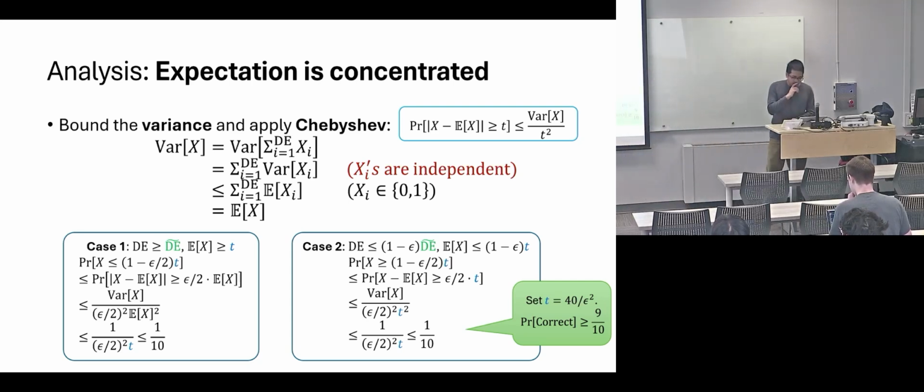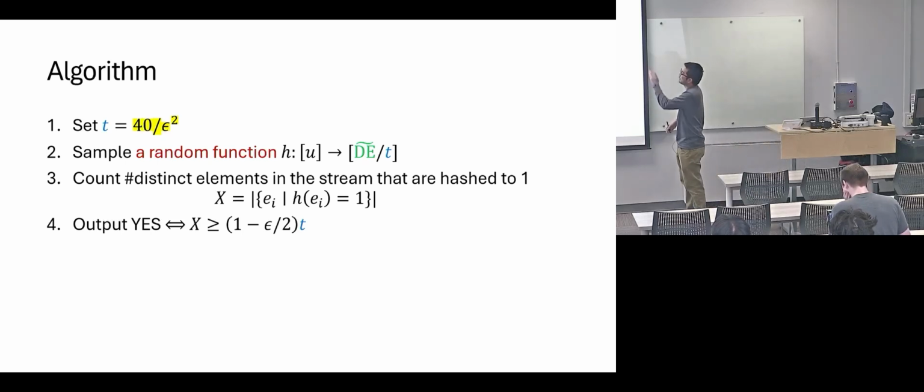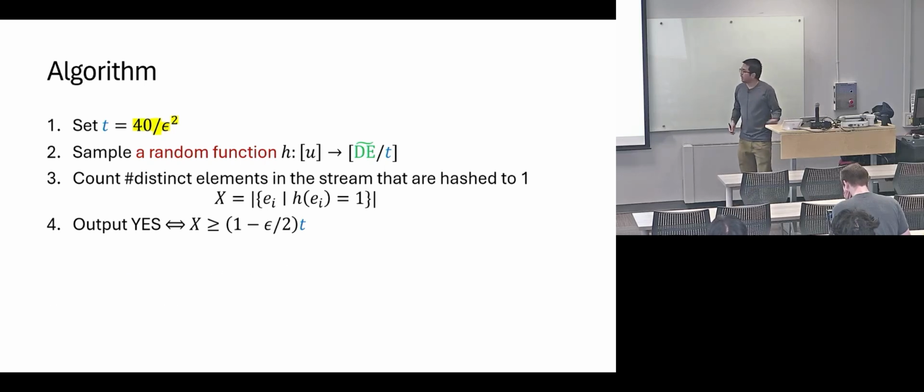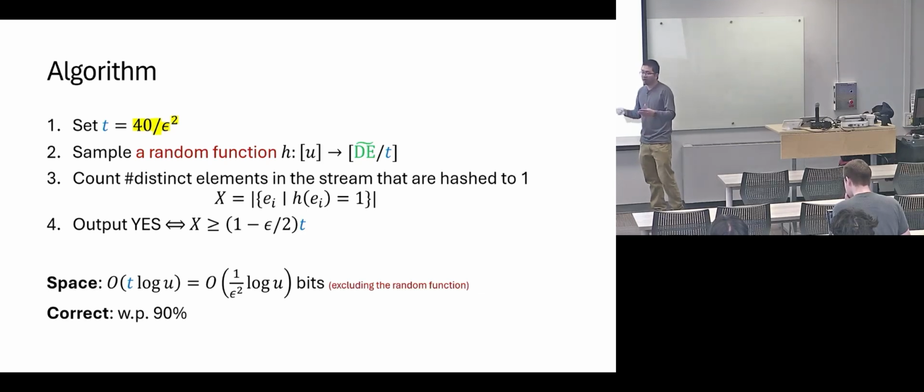So for now you can see that you can set t to be 40 over epsilon squared, and it means that your space is something of order 1 over epsilon squared times log u, and you are correct with 90%.